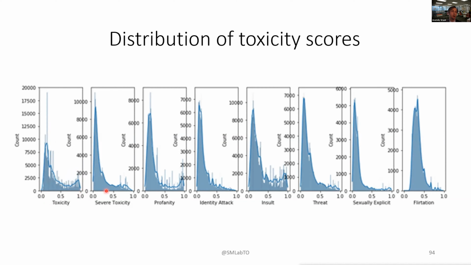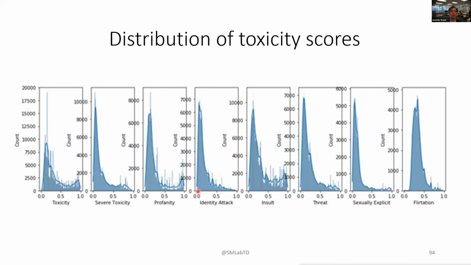But if you apply a stricter threshold, severe toxicity, this bump at the end is not as pronounced. But if you're just looking at profanity, like swear words, the spike in the number of messages with swear words is actually higher than for regular toxicity. So you can see each metric performs slightly differently, and the idea is to explore those spikes close to the 1 area.